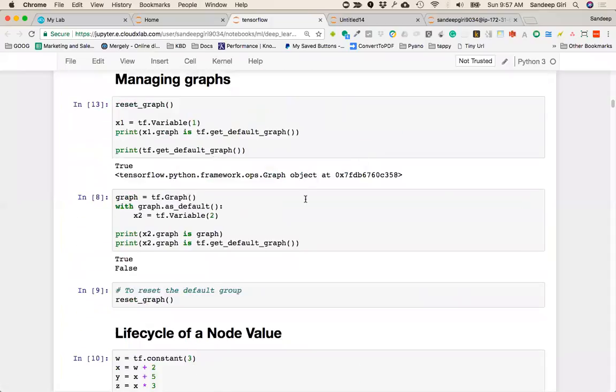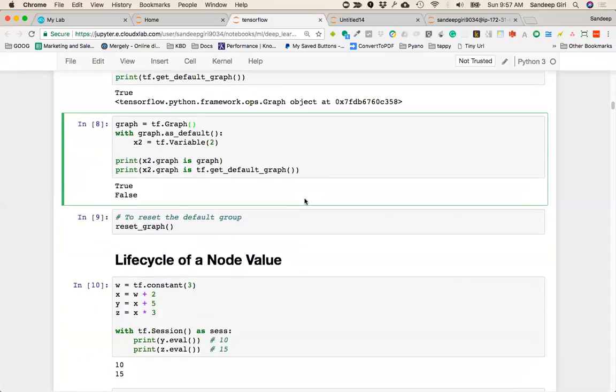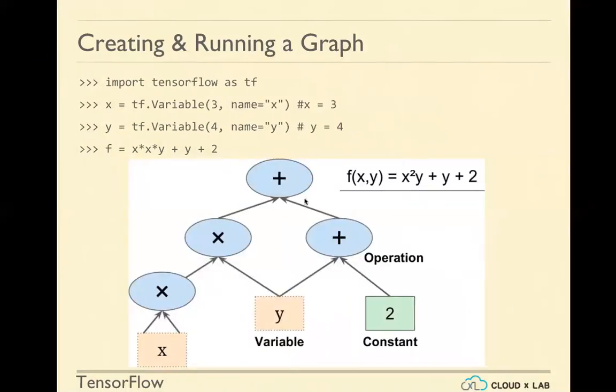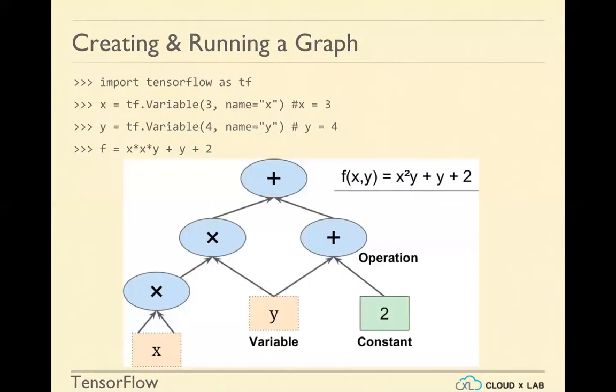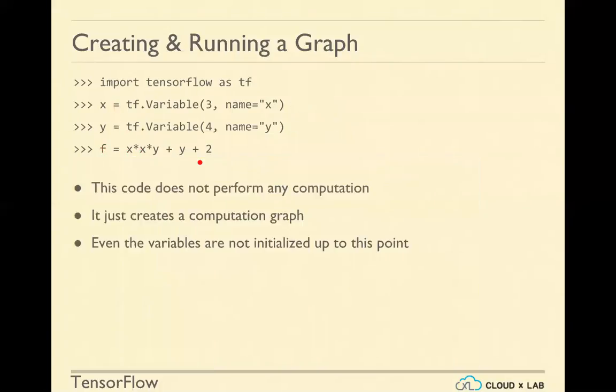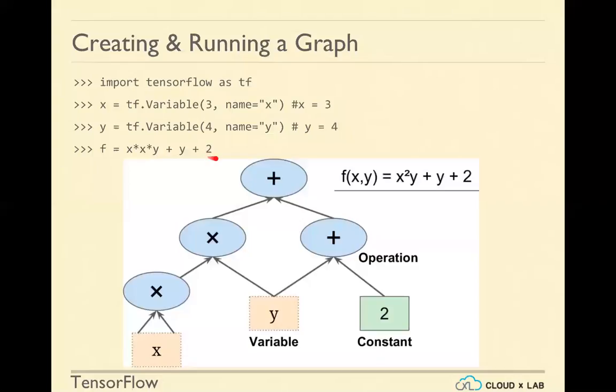Great. So far, yes. The next point that I would like to discuss is this is the part which we use to create the graph, right? We created a variable, we created another variable, and then we created an operation with these variables. So here, this part is a constant, and these x and y are the variables, and these f and plus and all the multiplications are the operations.